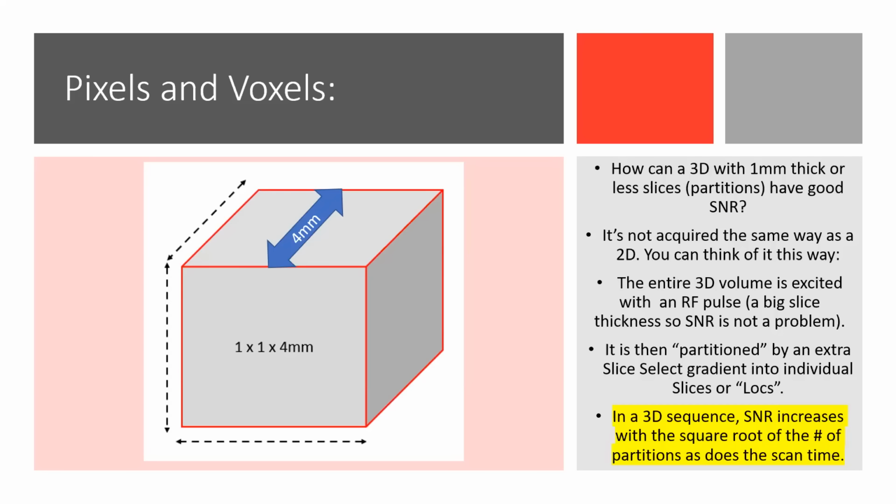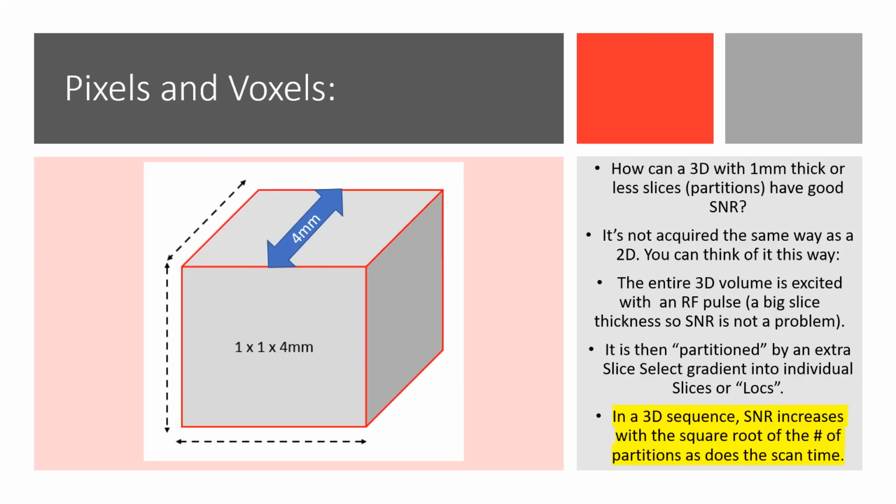Well, the answer is when you put in your excitation pulse for a 3D sequence, you're exciting the whole volume. Suppose your volume is 60 millimeters. That's a great big thick slice. You've got signal to noise to burn. But then 3D comes from an additional slice select gradient application that makes your partitions.